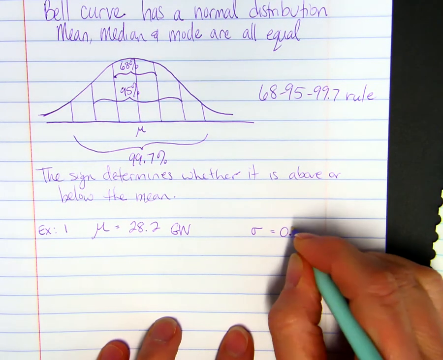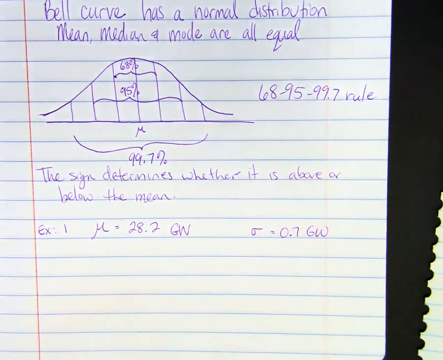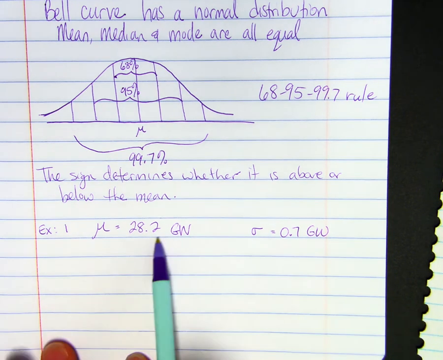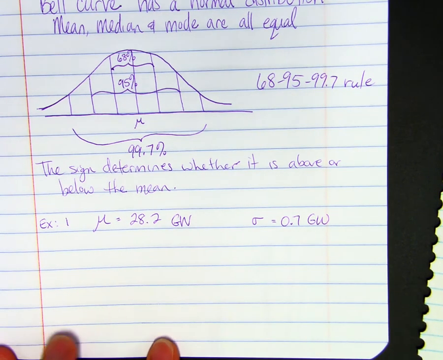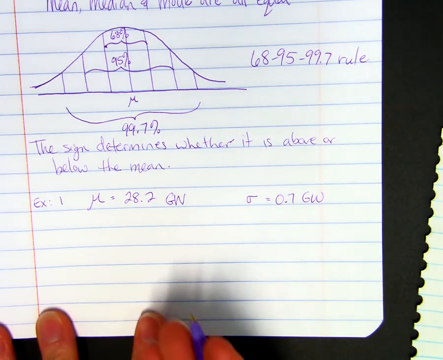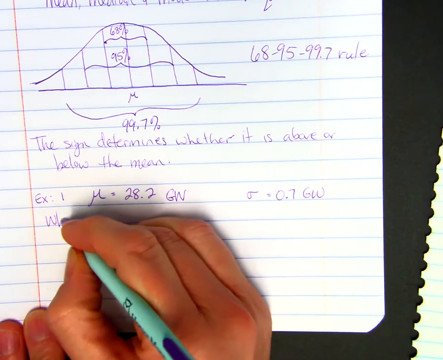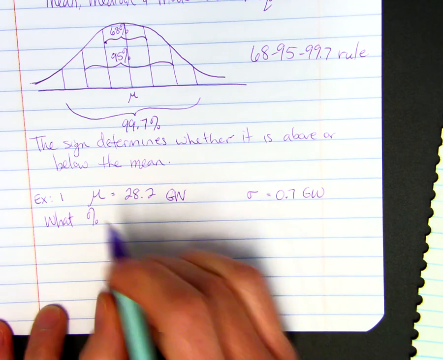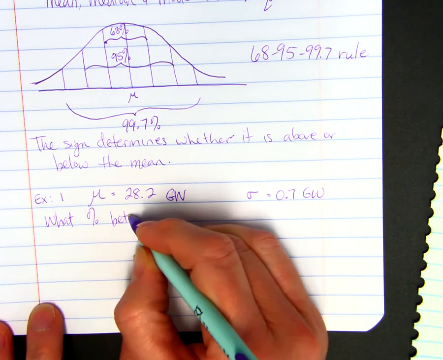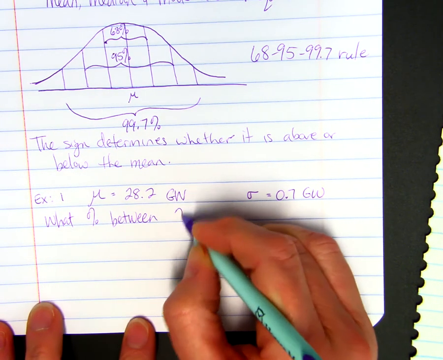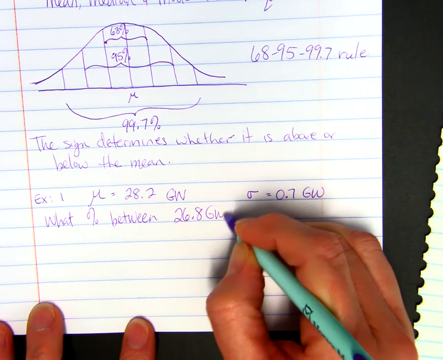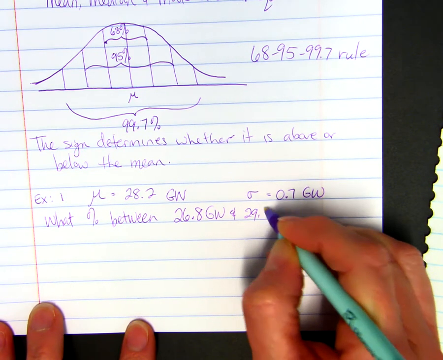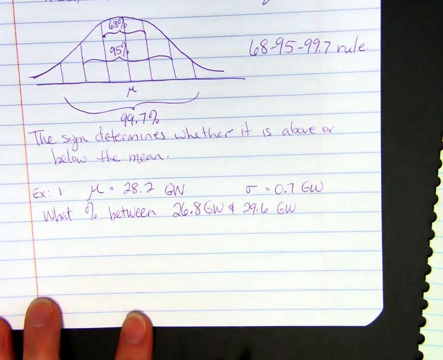As you read it, it'll say it's normally distributed with a mean and a standard deviation. So the question is, what percent of the power is between 26.8 gigawatts and 29.6 gigawatts?